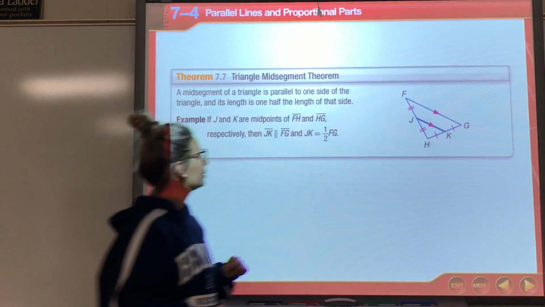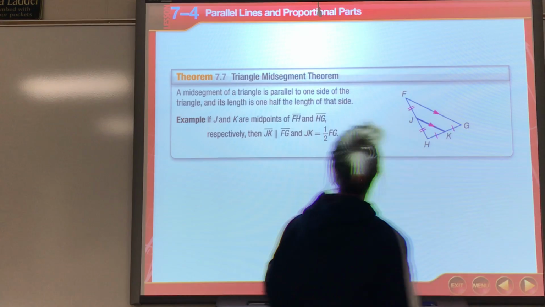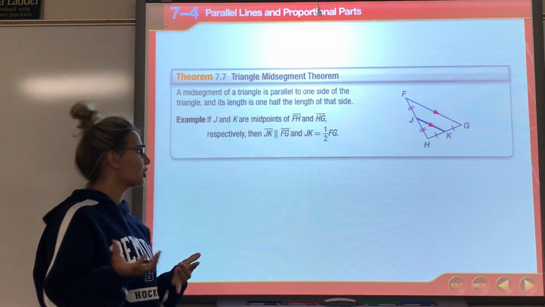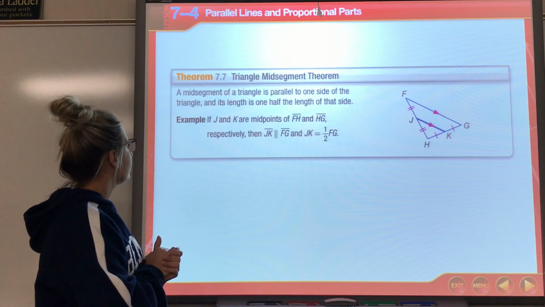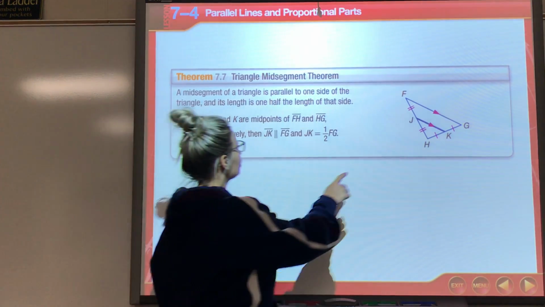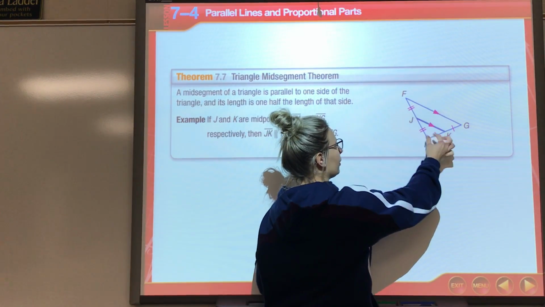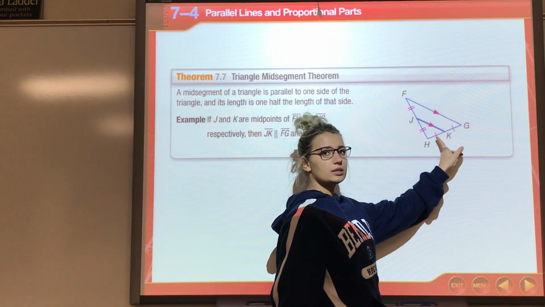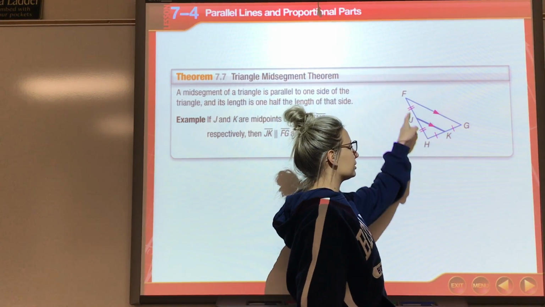Okay? So here's that mid-segment theorem. We talked about the definition earlier. This is saying if J and K are midpoints of these sides, if you can see we have a single congruence mark here and a double congruence mark here.